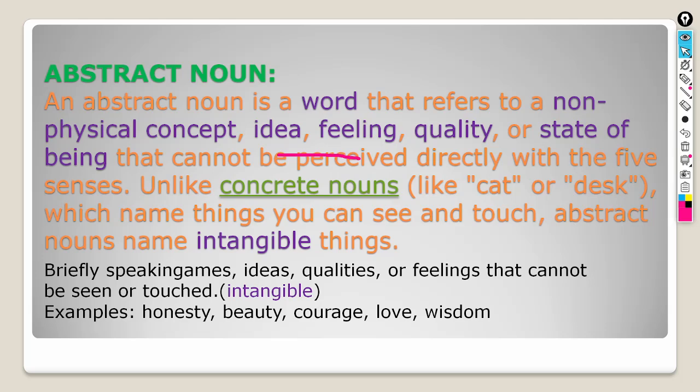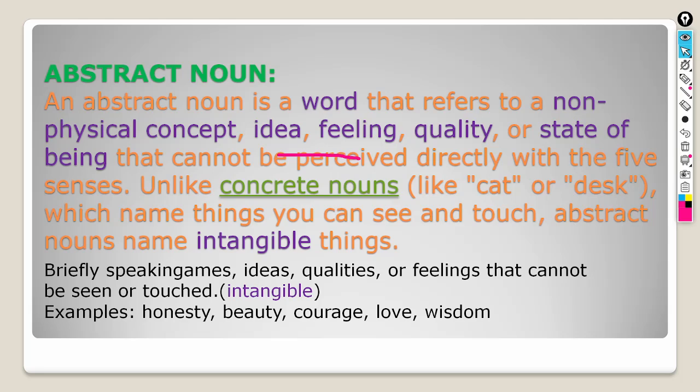They are unlike the concrete nouns like cat or desk. Therefore, the special feature of abstract nouns is that they are always intangible. That means they can never be seen or touched, they can only be felt.